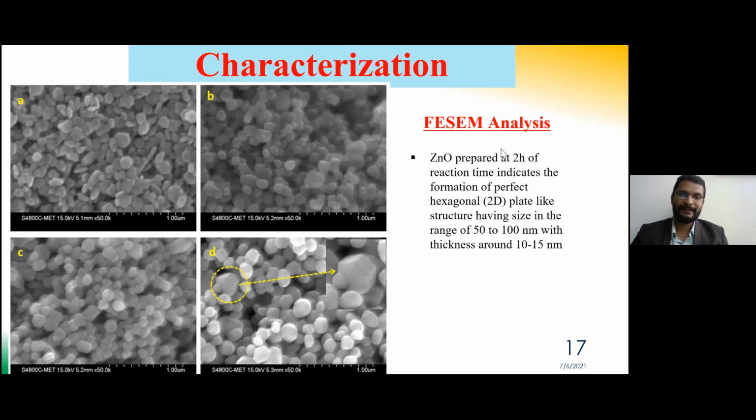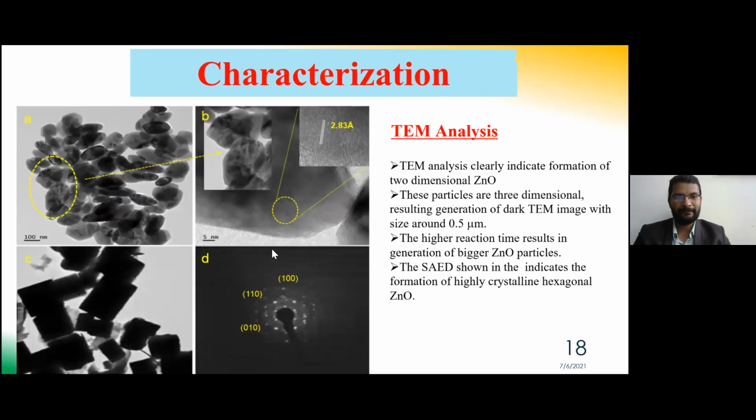The overall FESEM analysis indicates formation of hexagonal plates for 2 hours and 4 hours reaction time. With the increase in reaction time, it forms slightly distorted hexagonal plates, with faceted growth observed at 12-hour reaction time.